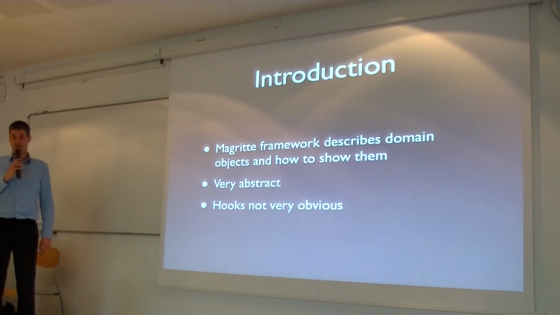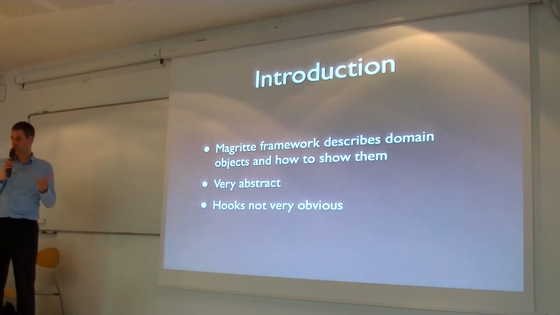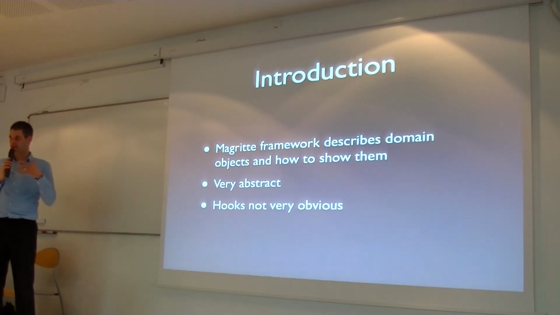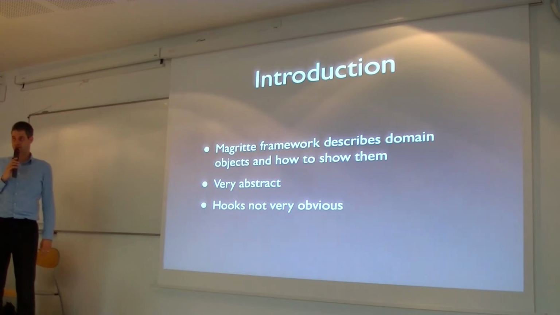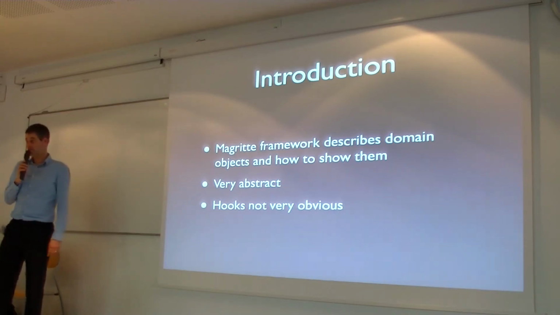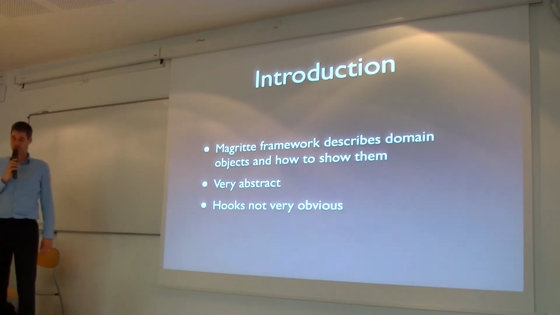You can also use it to access your database, because it's actually simply a description of your object, saying this is a number, this is a boolean, and you can define validations and do quite a lot of things with it. It's very abstract, so I found it hard to start with.